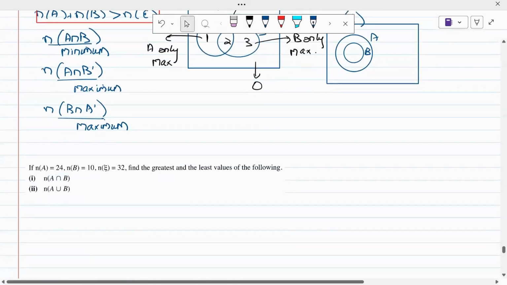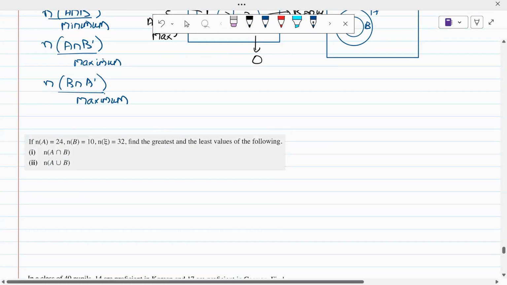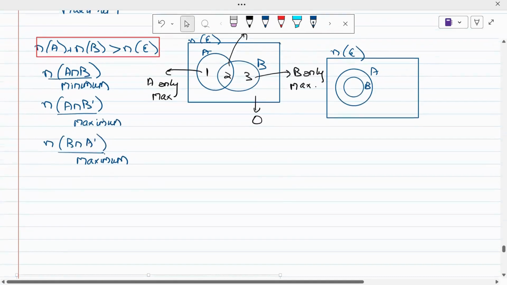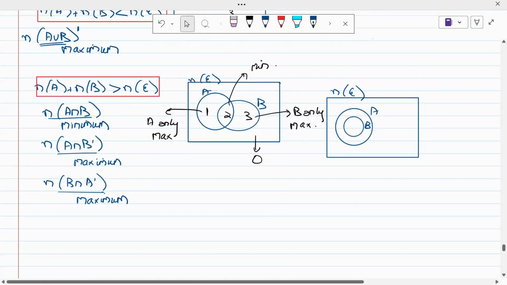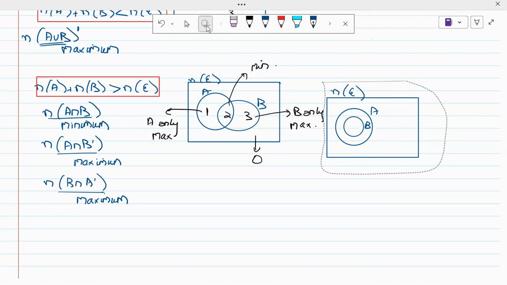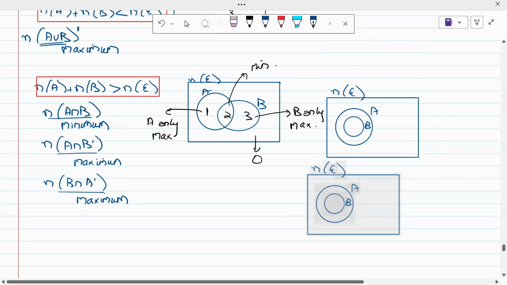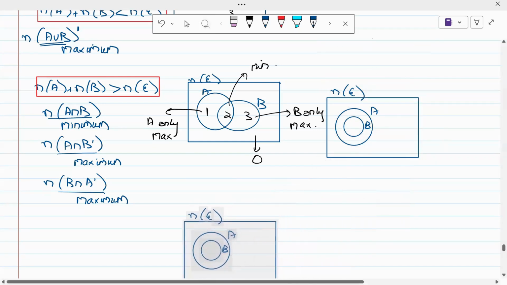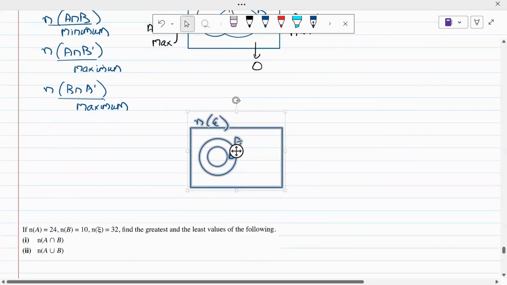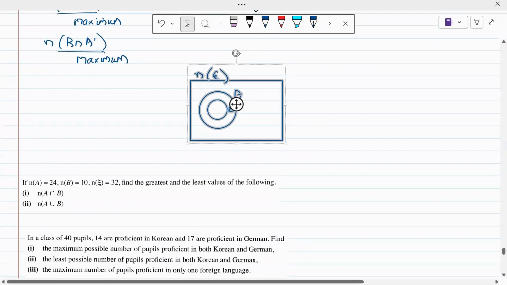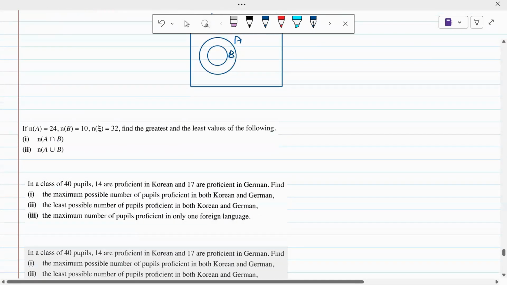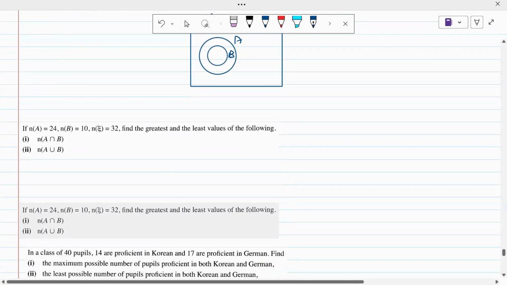Third case, the case of subset, set within a set. This is always used when you have to get the maximum value of intersection.